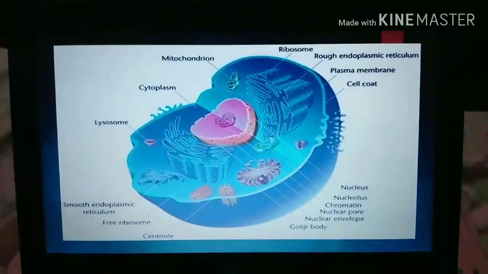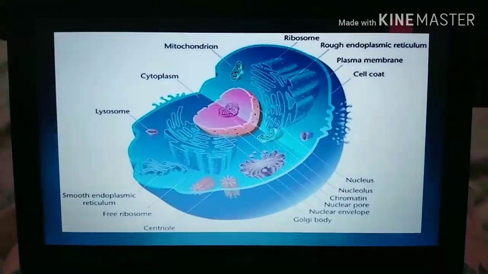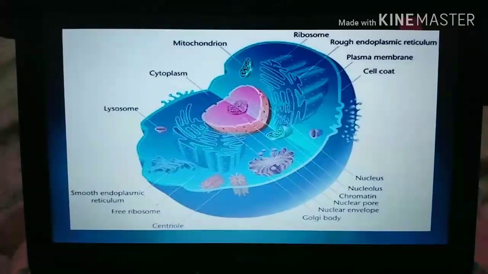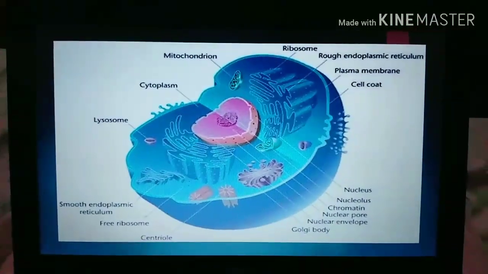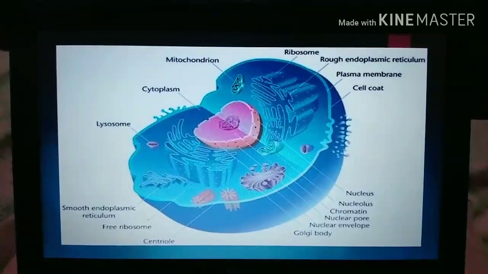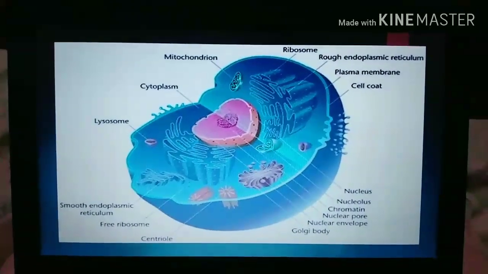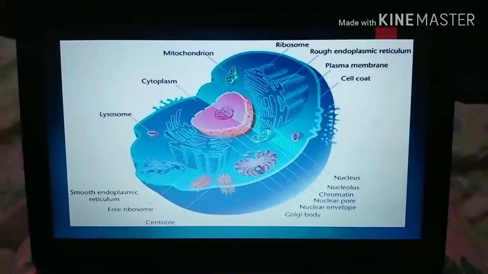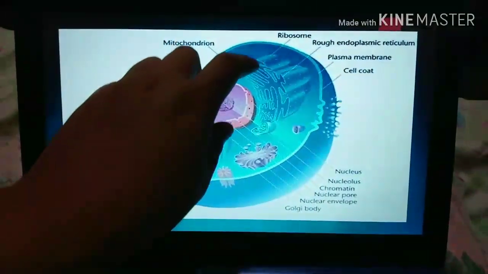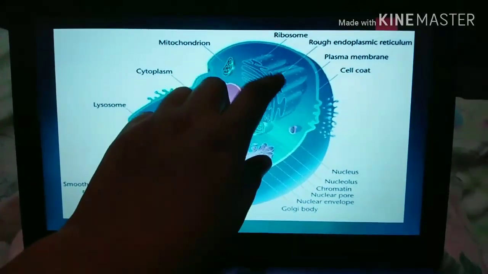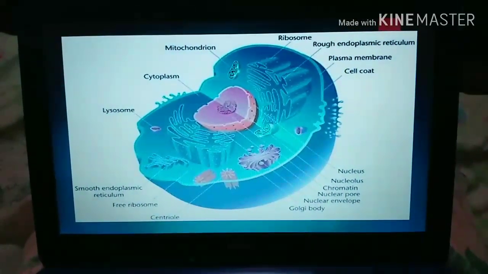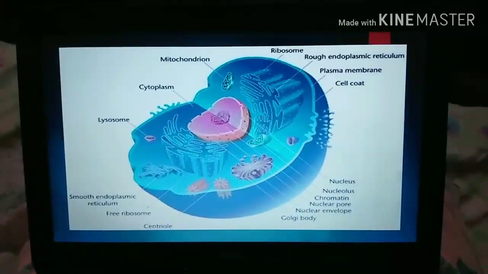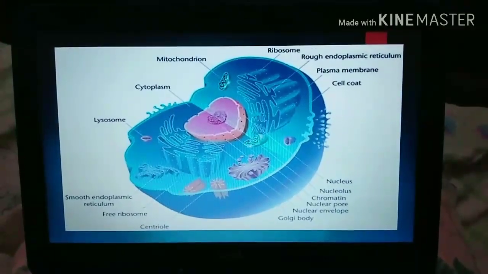The reason why the rough endoplasmic reticulum is called rough is due to the ribosomes that are attached to its outside. The endoplasmic reticulum without attached ribosomes is called smooth endoplasmic reticulum. So this is the ribosome. The ribosomes are the cellular structures responsible for protein synthesis.